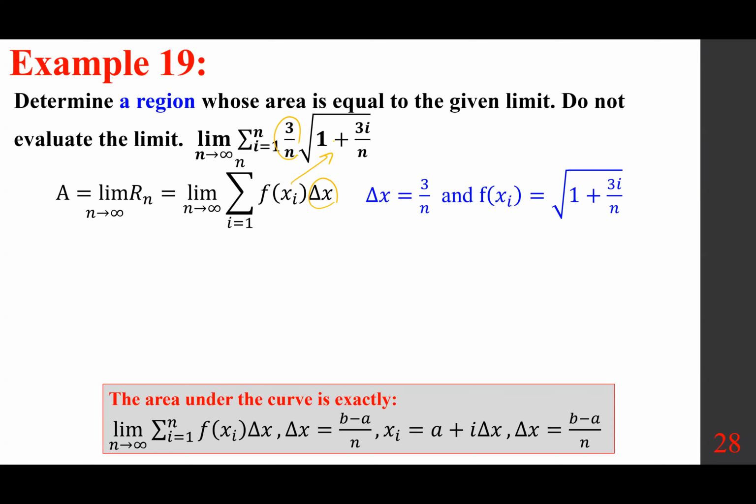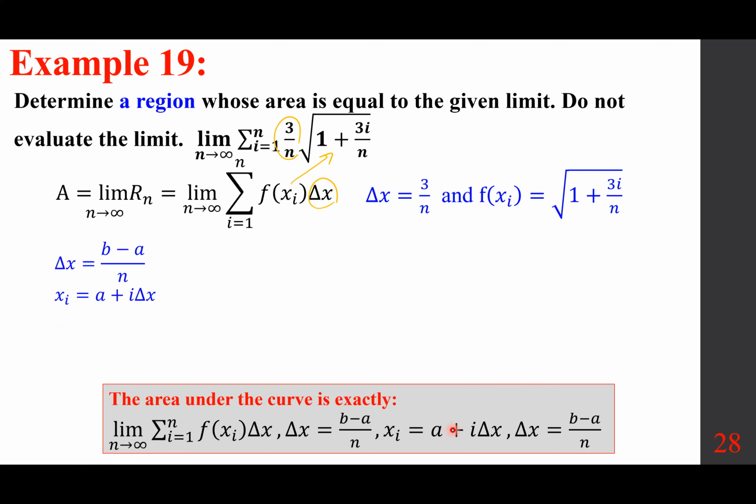Now, we know that delta x is (b minus a) over n, and x sub i is a plus i delta x. We know this, right? Delta x is (b minus a) over n, and x sub i is a plus i delta x.